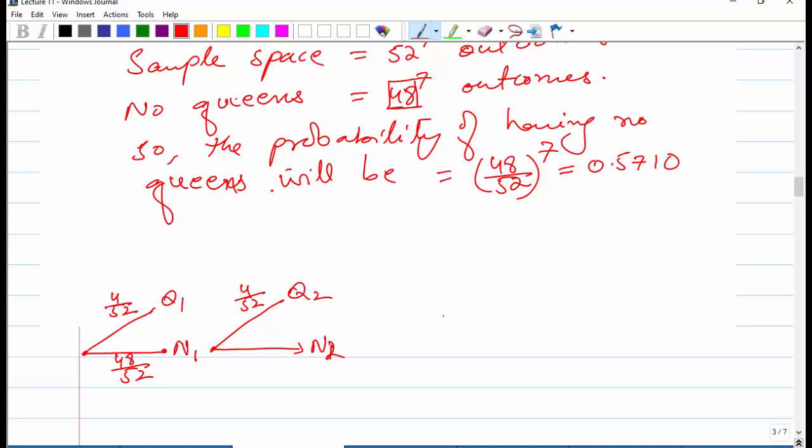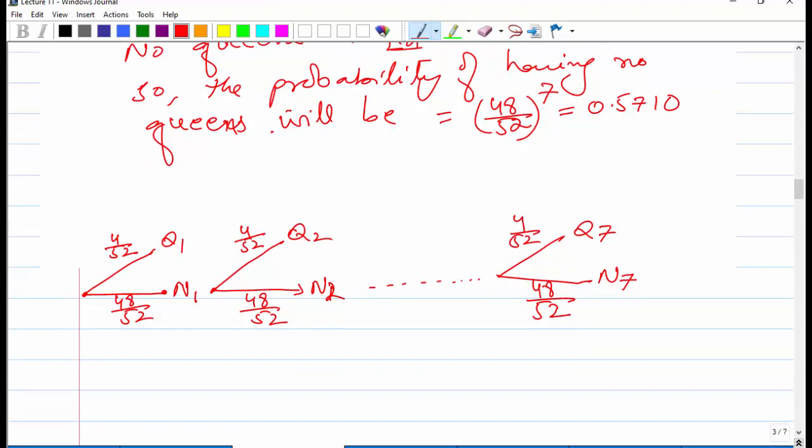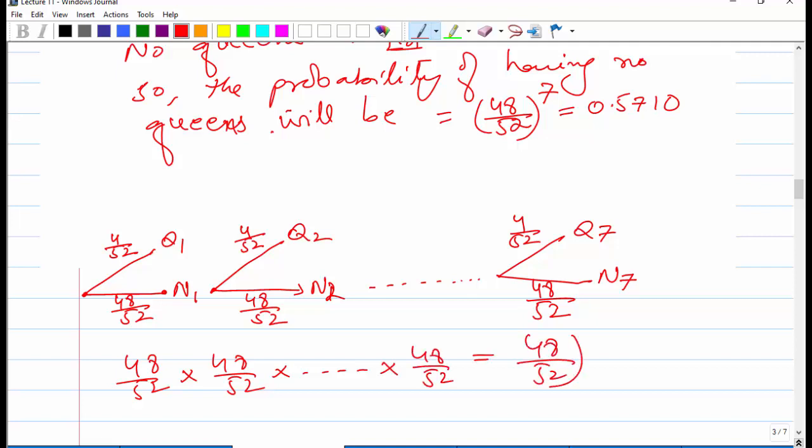Similarly, no queen will again be 48 over 52. This will proceed the same way up to Q7, with queen probability 4 over 52 and no queen N7 probability the same as 48 over 52.